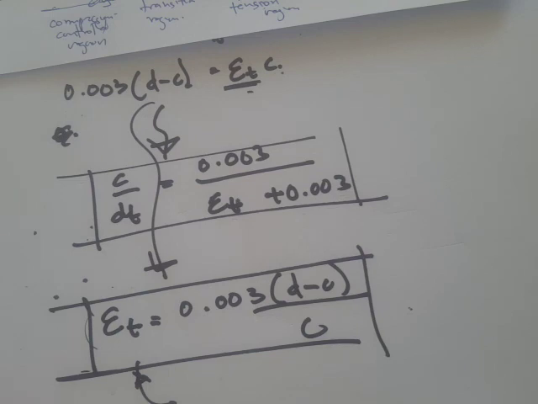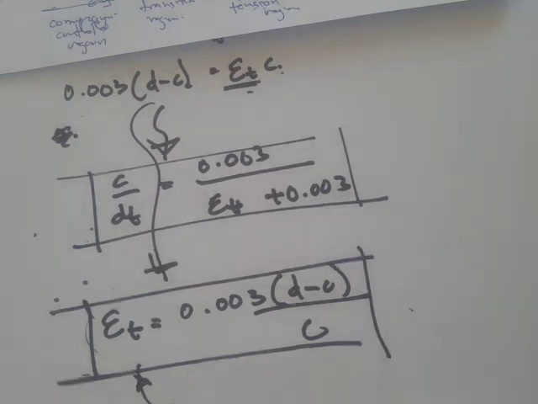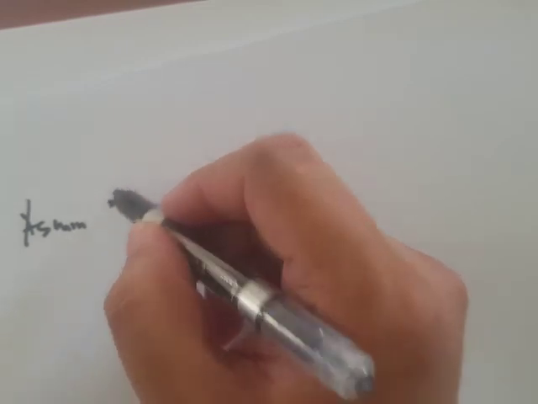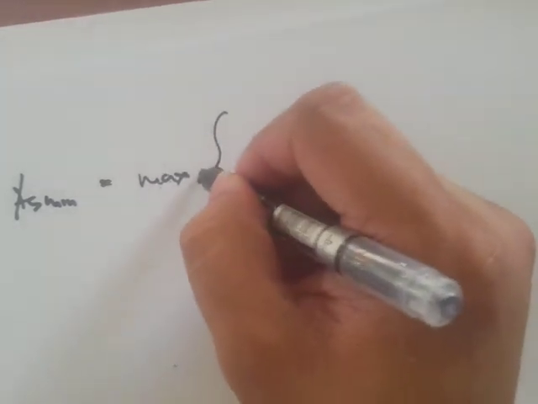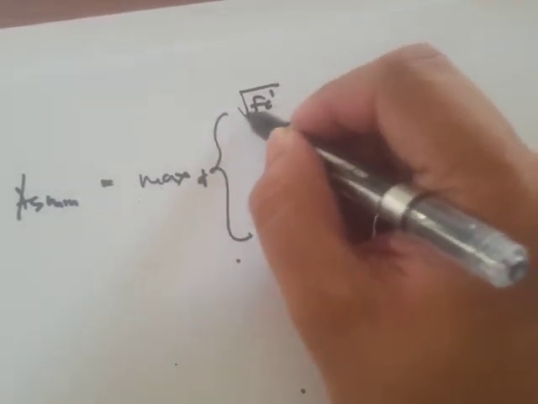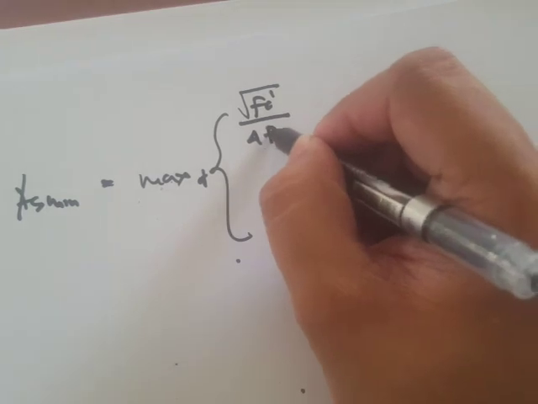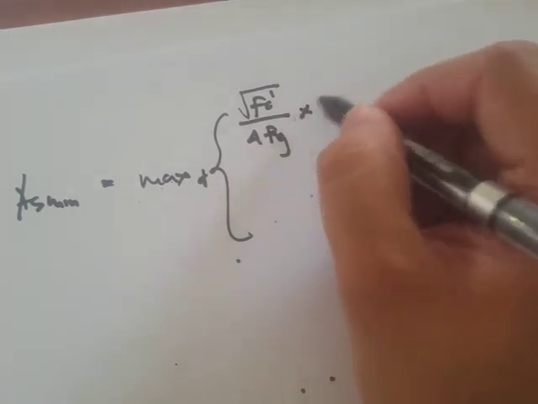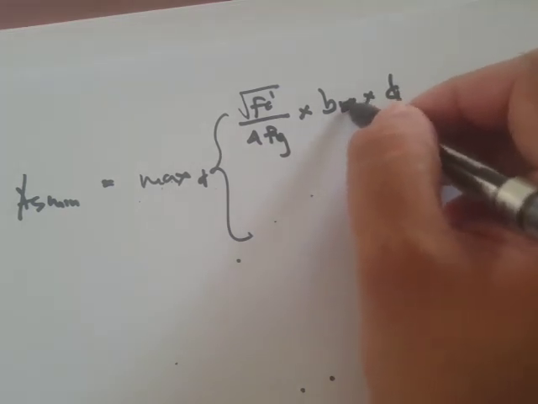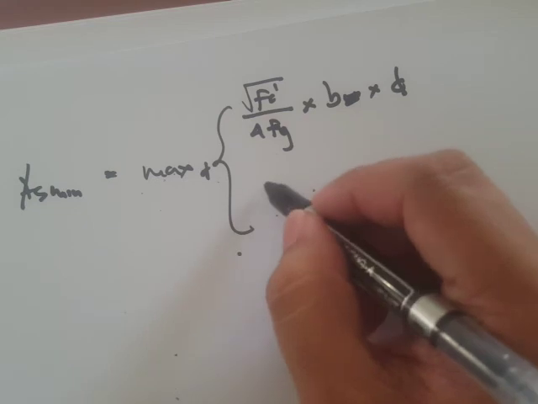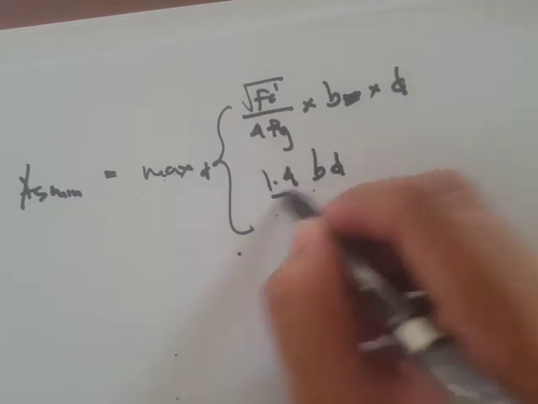Okay, there's one more thing about the minimum steel reinforcement. The code also requires some minimum steel area. So we take the maximum of two conditions: square root of fc prime over 4fy times the beam width times the depth, that is b times d, and then 1.4 b d all over fy.